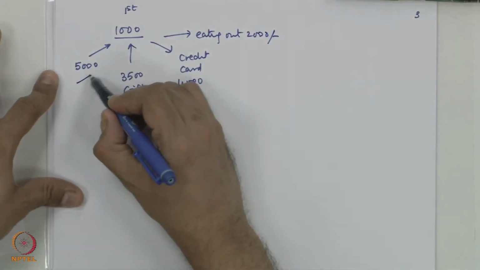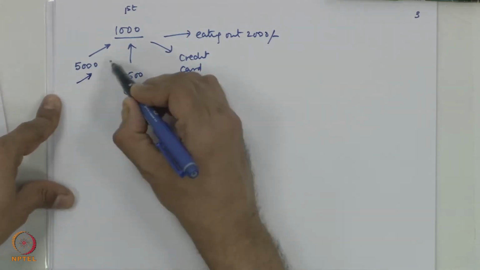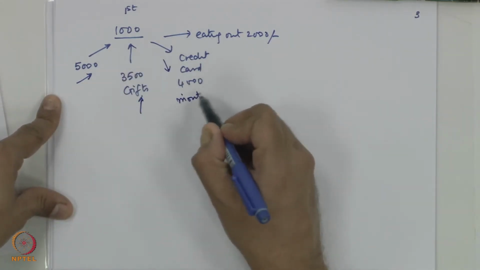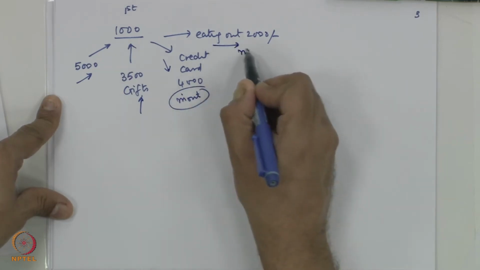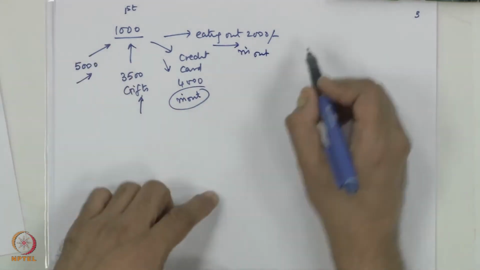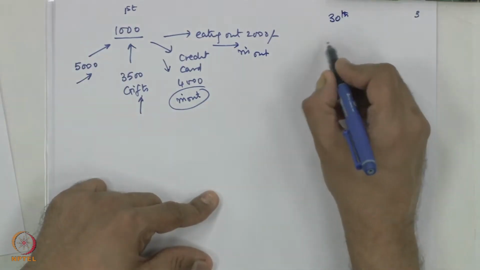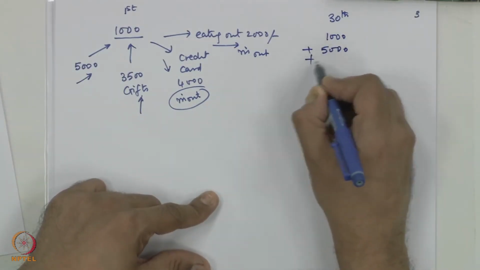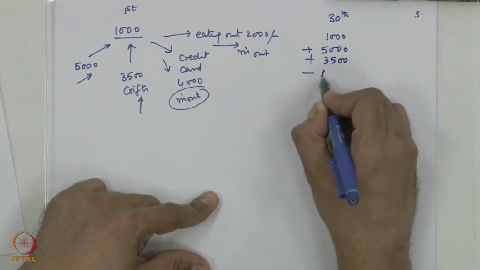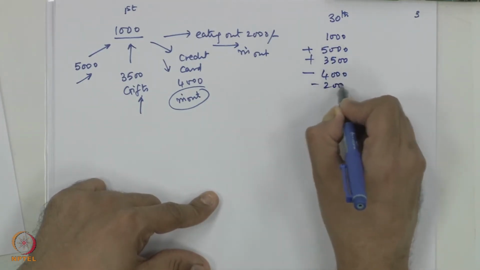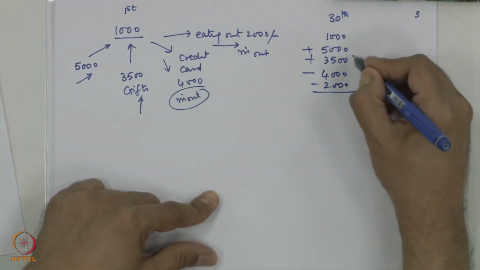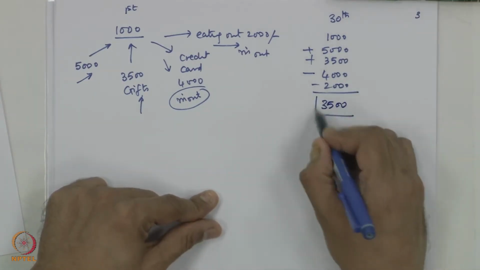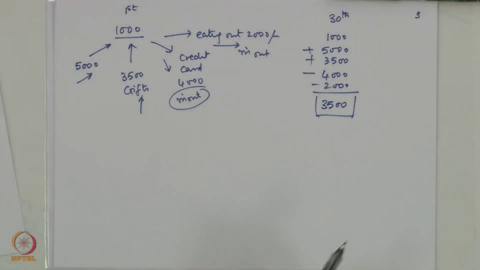Money coming in, money going out, just like m dot in and m dot out: mass, energy, whatever you want to call it. On the 30th of the month, the original was 1000, plus 5000, plus 3500, minus 4000, minus 2000. What is the budget? 3500 is the new amount in the account, like the new mass in the control volume.